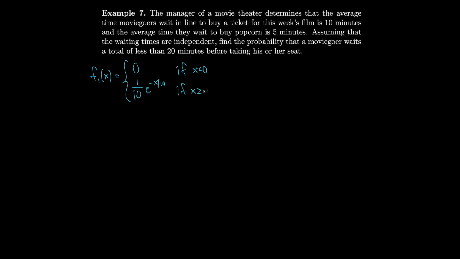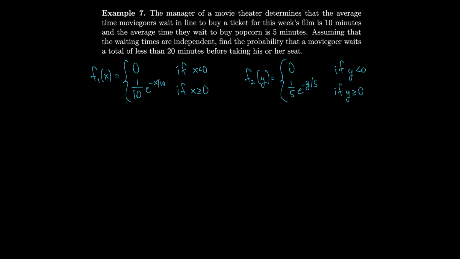And then we have basically the same thing for y. So for f2 of y, it's 0 if y is negative, and then 1 over 5, because it's 5 minutes for popcorn, e to the minus y over 5 if y is greater than or equal to 0.